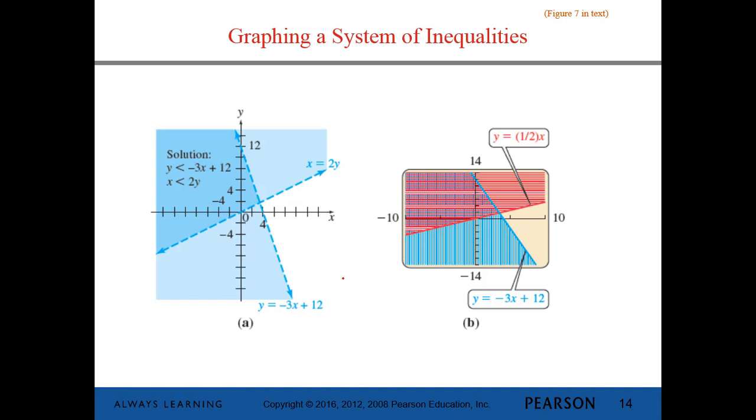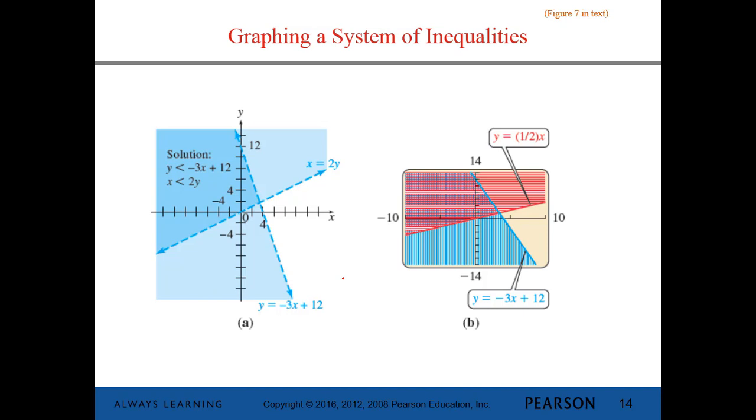What about systems of inequalities? What if you have two or more inequalities and you want to find the region that satisfies all of the inequalities? This is where we're going to have multiple shaded regions. You could either do this on the calculator or by hand.